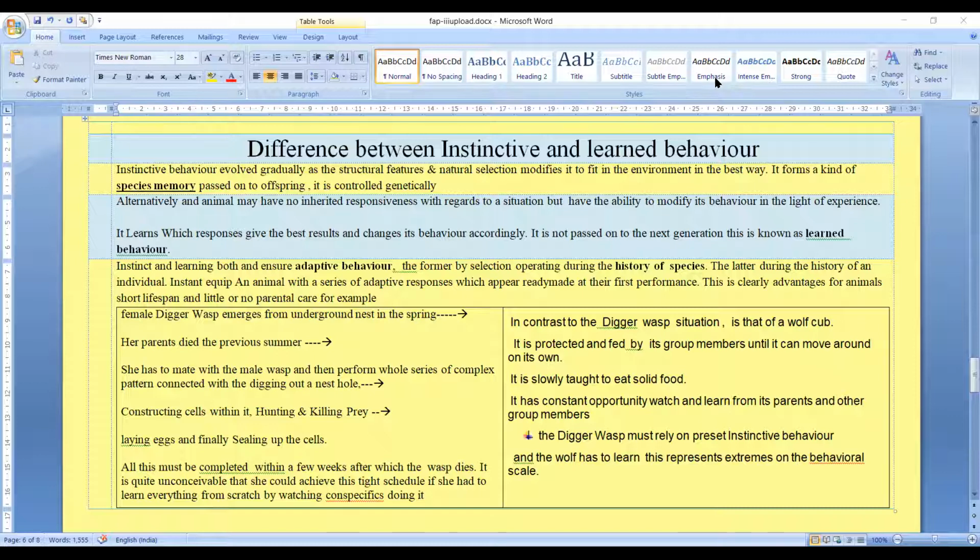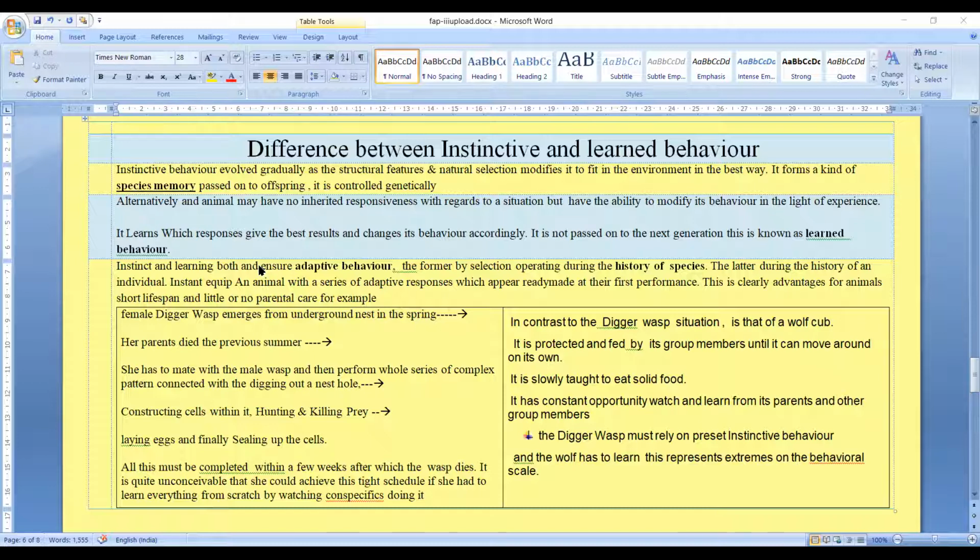Instinct and learning both ensure adaptive behavior. The former, that is, the instinctive behavior, ensures adaptive behavior by selection operating during the history of the species.